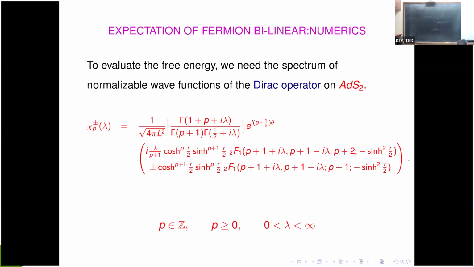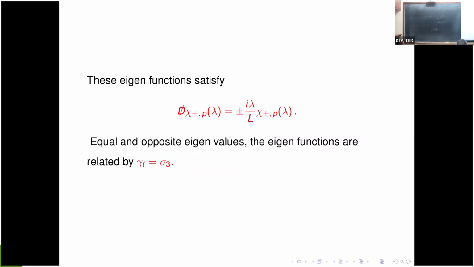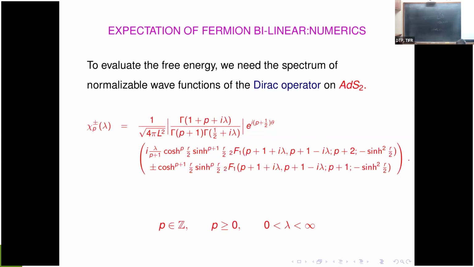So here are the fermions. These functions are also known. The Dirac operator on AdS2, the functions are also known. There are also some hypergeometric functions and so on, for p greater than 0 and p less than 0. So these are normalizable spectrum, and they satisfy this. You can see the two eigenvalues, plus and minus, and that sigma 3 actually shifts.